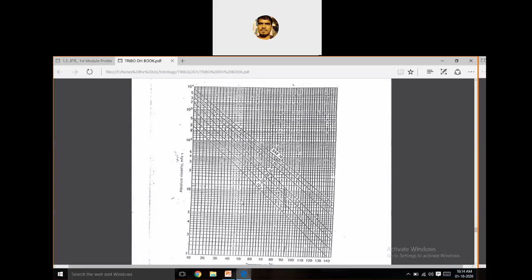The value is approximately, between 50 and 100, you will get approximately 50 centipoise or megapascal second.